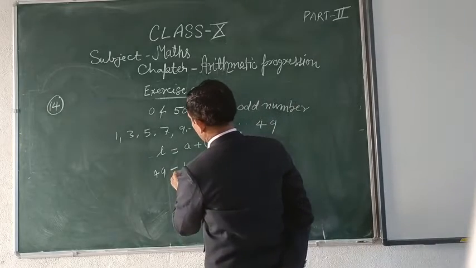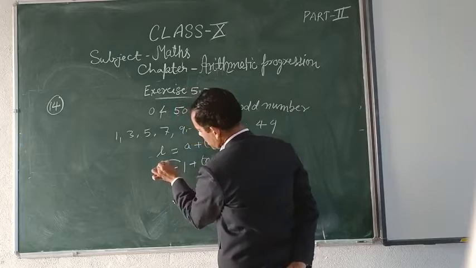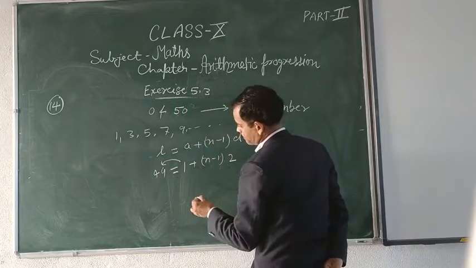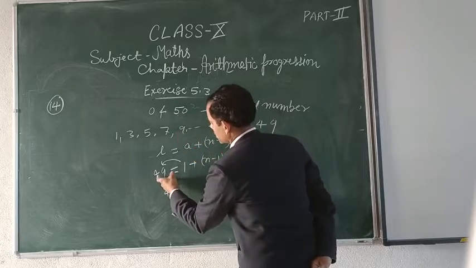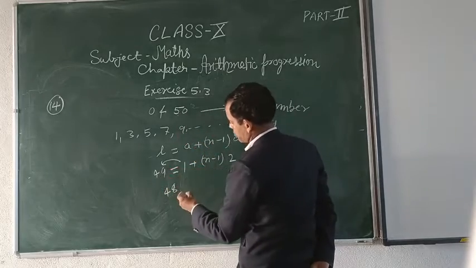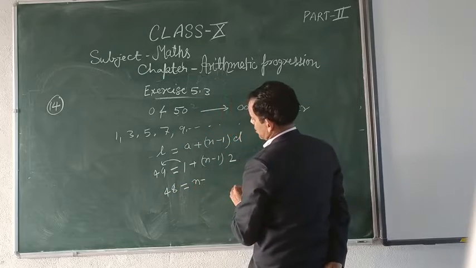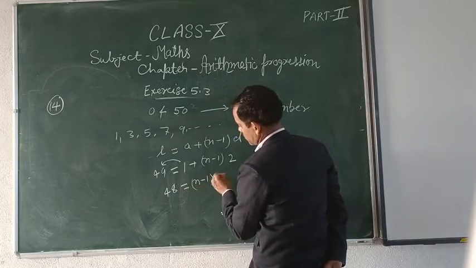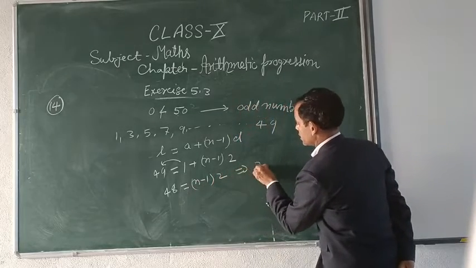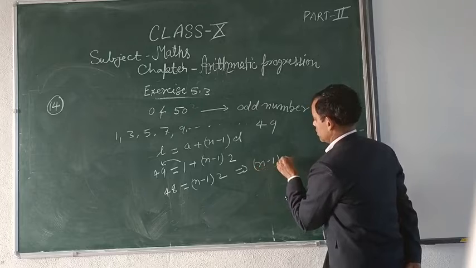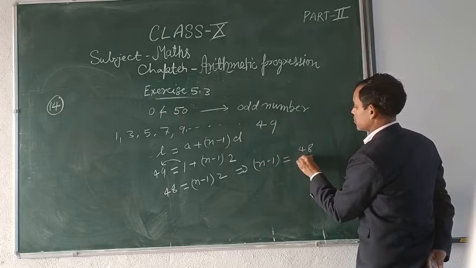So if it moves here, then it will be 48. Okay, 49 minus 1 gives 48, and this will be n minus 1 by 2. So this implies n minus 1 equal to 48 by 2.